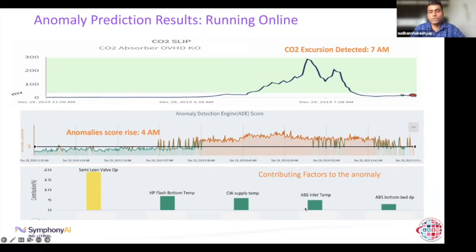And if you look closely, these are mostly the temperatures: flash bottom temperature, cooling water supply temperature, absorber inlet temperature. These are the parameters which are mostly driving these anomalies in this system. So now the question comes: how was the AI system able to pick up anomalies much before the actual event? We'll understand it in the next few slides.